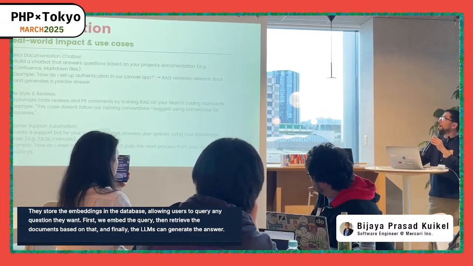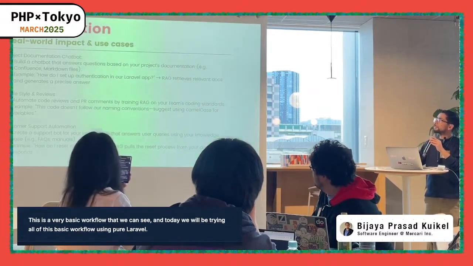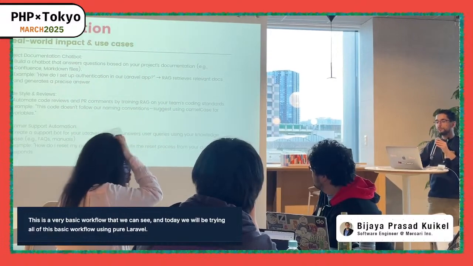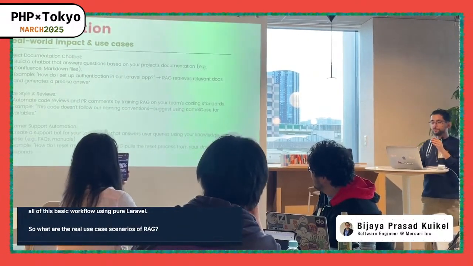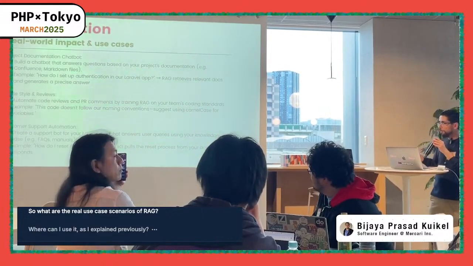So what are the real use case scenarios of RAG? Where can I use it? As I explained previously, one of the very basic use cases can be a project documentation chatbot.